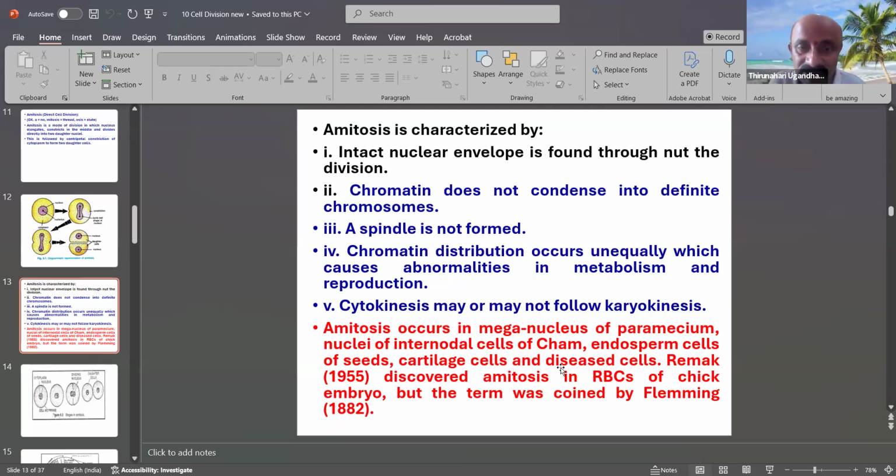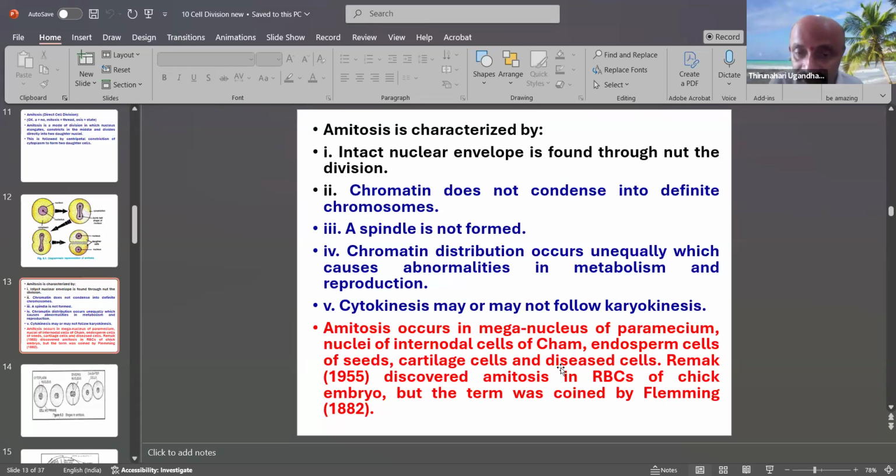The third one, a spindle is not formed. That is the important difference between mitosis and amitosis. The fourth one, chromatin distribution occurs unequally, which causes abnormalities in metabolism and reproduction, also in differentiation.